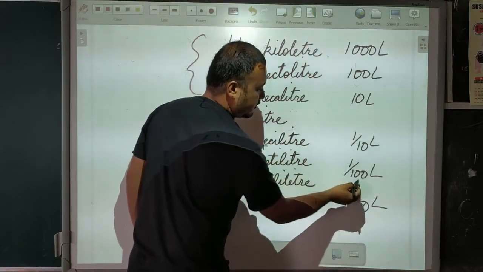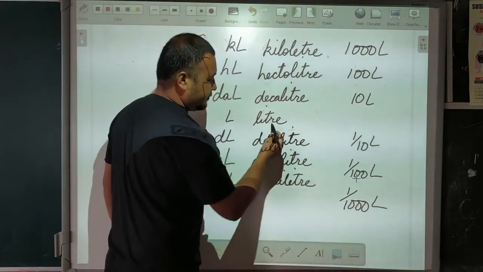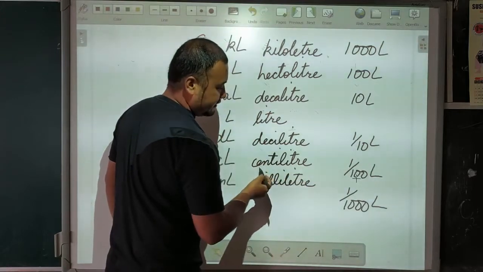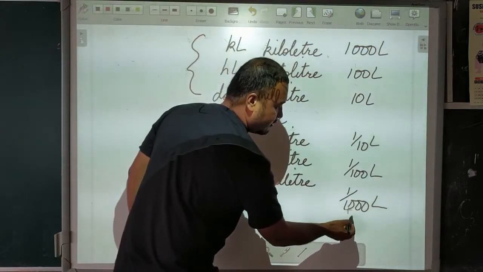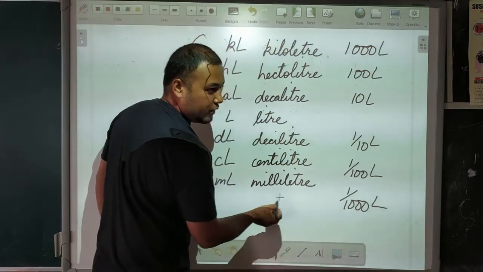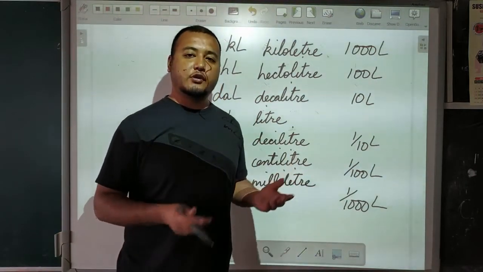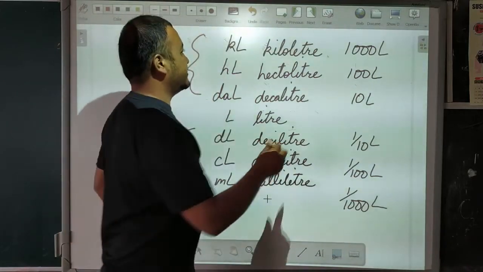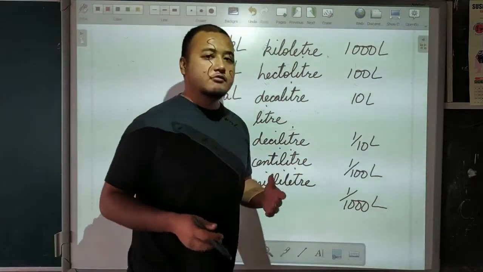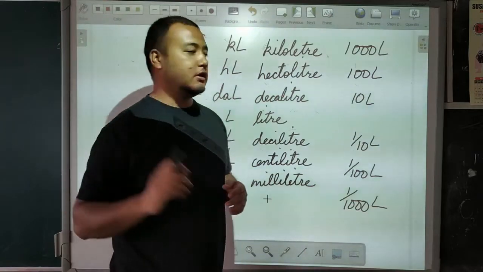If you divide a liter into 100 equal parts, then each part is equal to 1 centiliter. If you divide it into 1000 equal parts, then each part is equal to 1 milliliter. So those were your higher and smaller units of length, mass and capacity. Now let's learn how to convert from one unit to another unit.